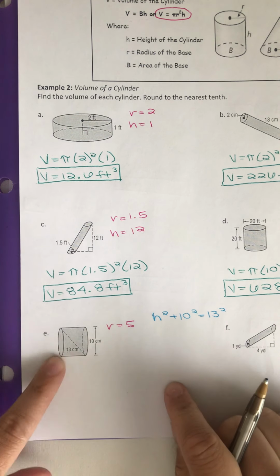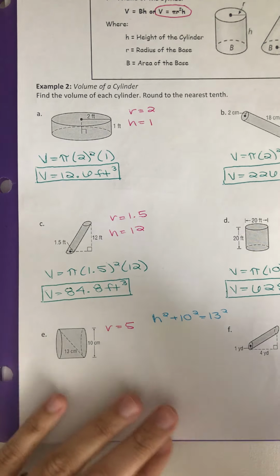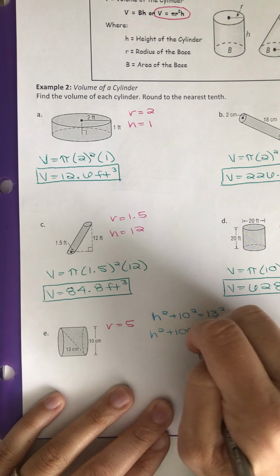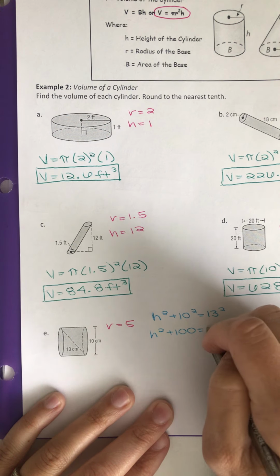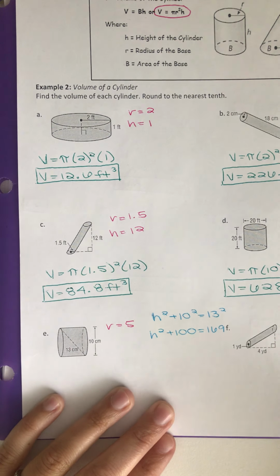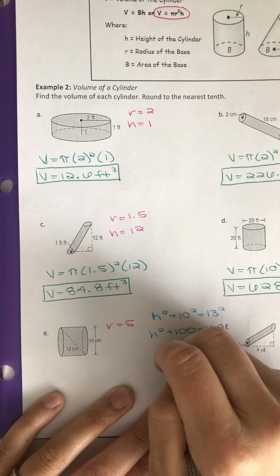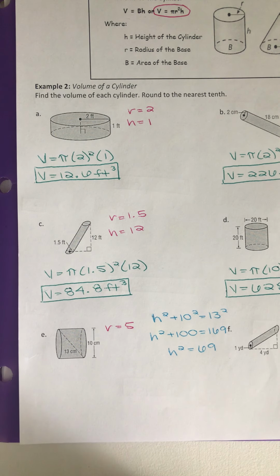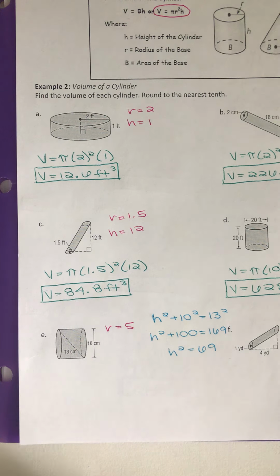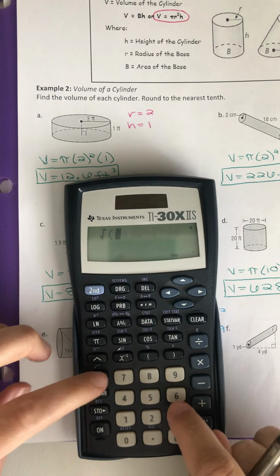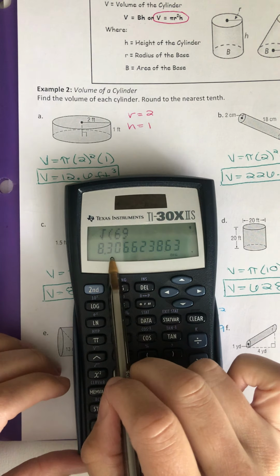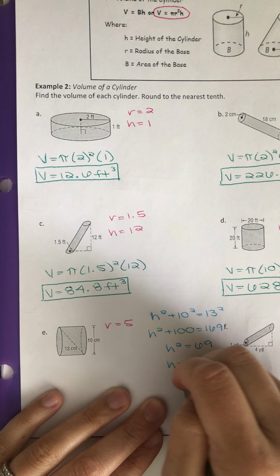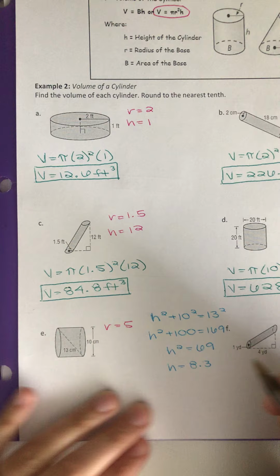Okay? Because 13 would be my hypotenuse. So I have h squared plus 100 equals 169. When I subtract that 100, I get h squared is 69. And the square root of 69 is about 8.3. So I'm going to say my h is about 8.3.